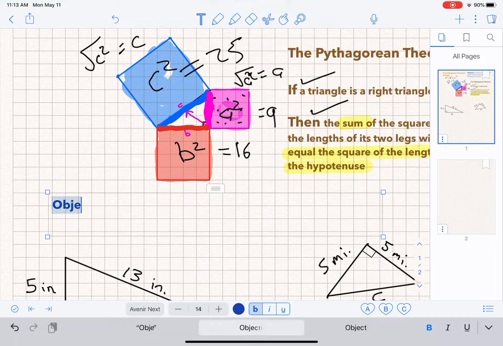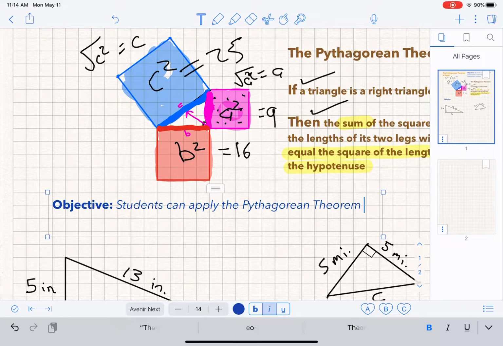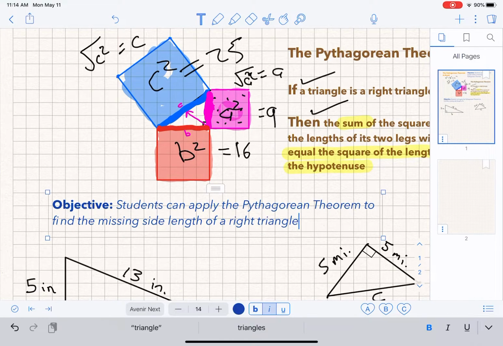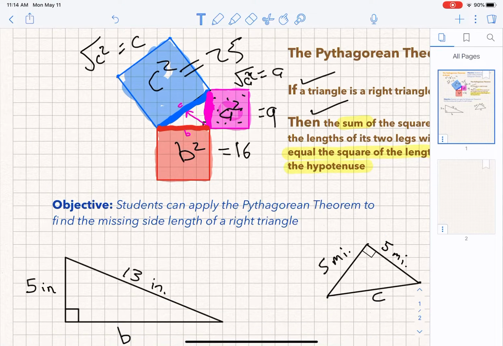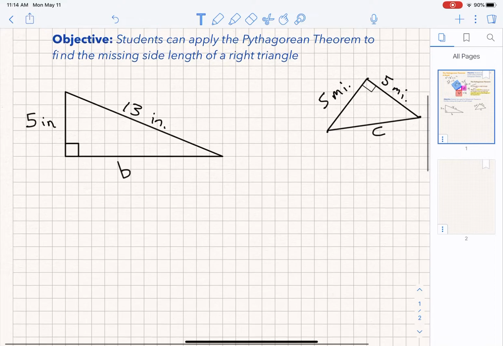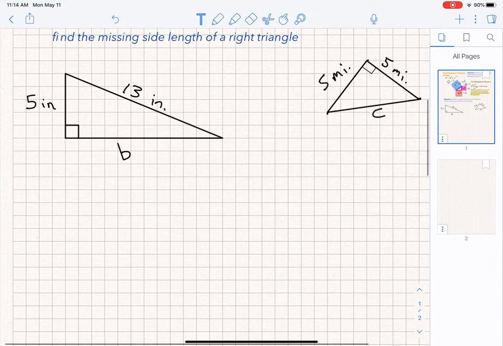Objective: students can use, I even use the word apply, the Pythagorean theorem to find the missing side length of a right triangle. Doesn't get more classic than this, students, in terms of middle school math. So here we go. What are we going to do at first?